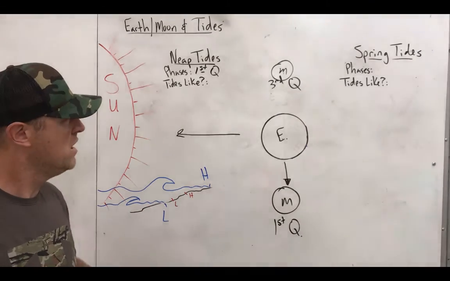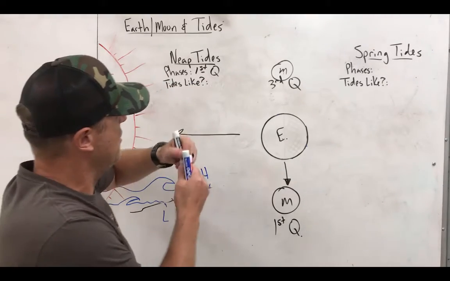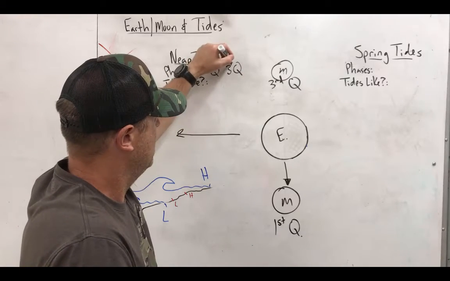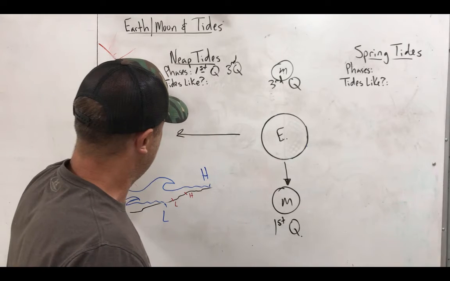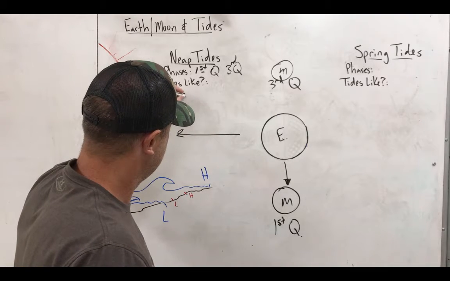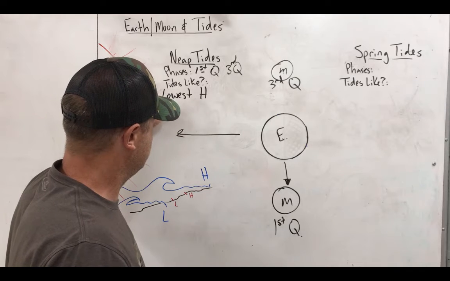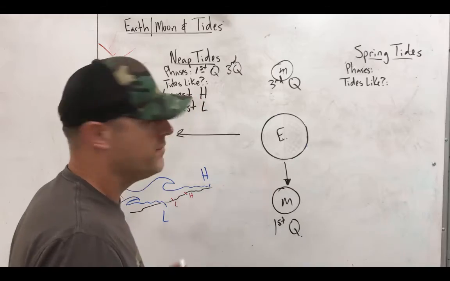All right? So what moon phases? First quarter and third quarter moons. Okay. What are the tides like? These are the lowest high tides, and these have the highest low tides.